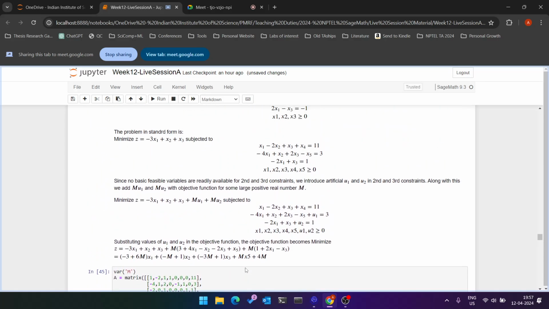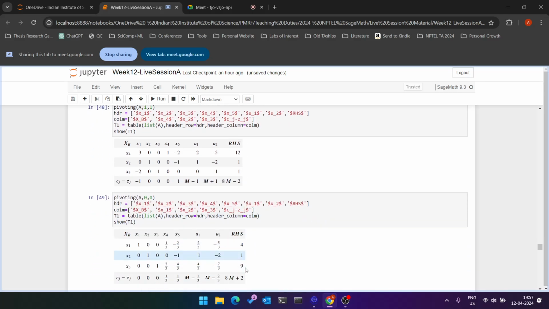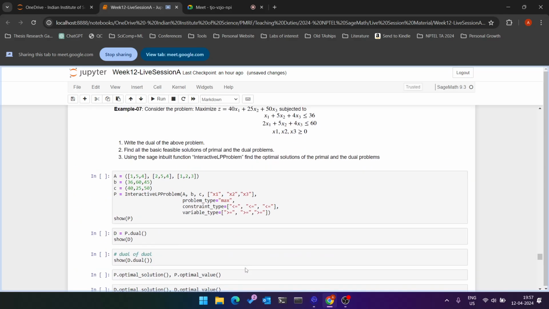So again, using the big M method we have solved the LPP, and this big M basically tries to combine the two phases of the two-phase simplex method into a single process.